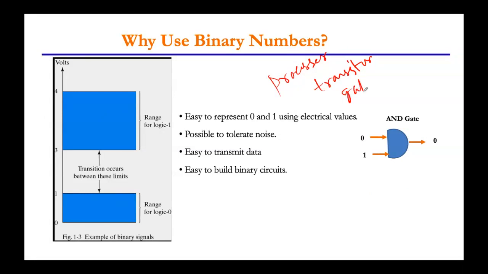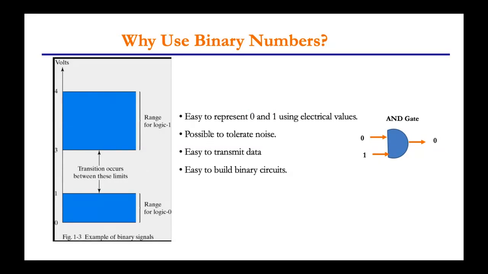The gates can use the inputs in terms of power signals, which are electric values. These electric values can be represented in terms of zeros and ones. So that's the reason the binary representation is used.